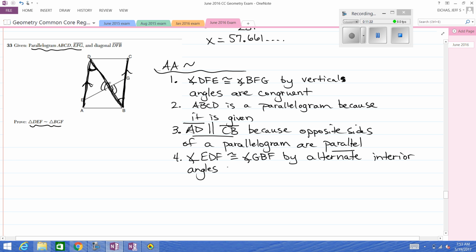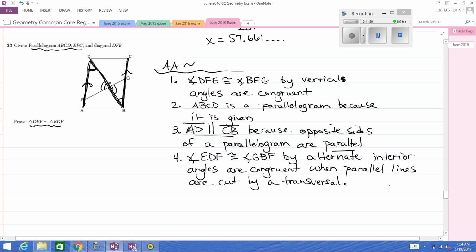If your teacher needs you to write that out, here's what you'd have to write it out with. I'll actually write it out instead of saying theorem. By alternate interior angles are congruent when parallel lines are cut by a transversal. All right, that's the safe play.